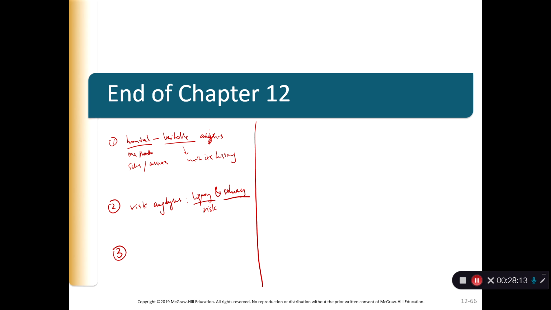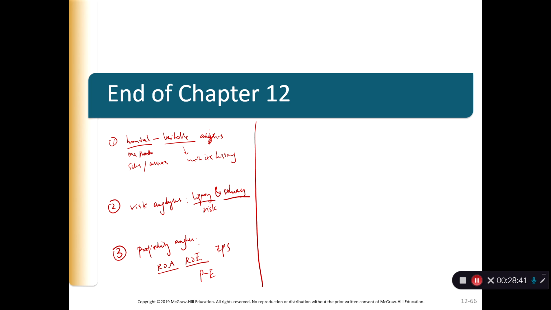Number 3, we talk about profitability analysis. Basically, we look at ROA, ROE, EPS, and the PE ratio. We want to know per $1 of resources invested in this company, how much net income it can generate, right?